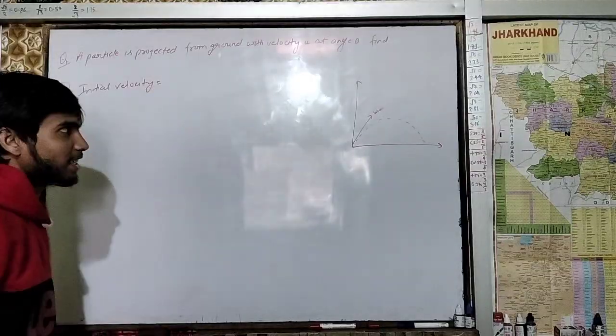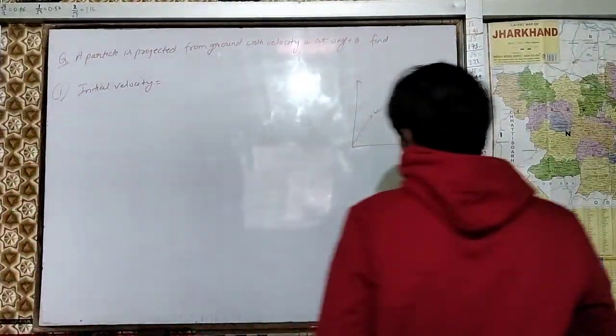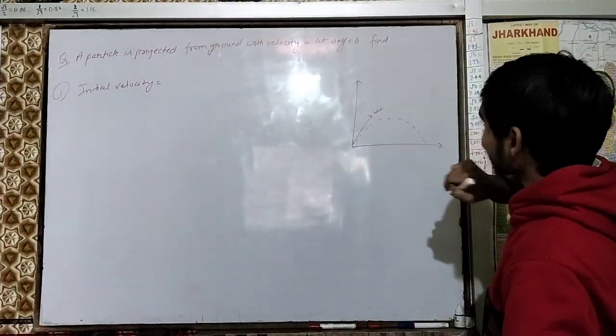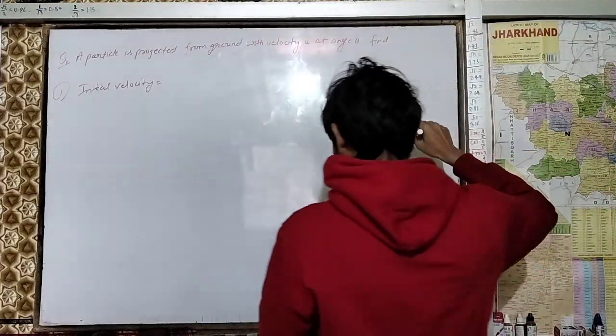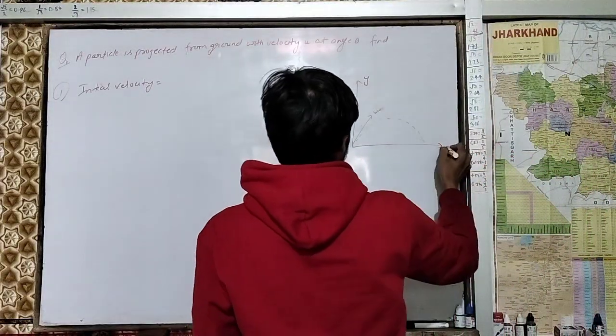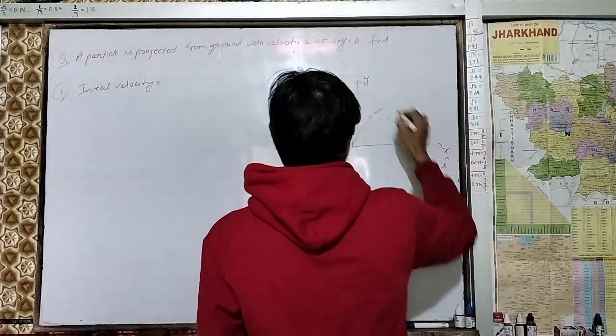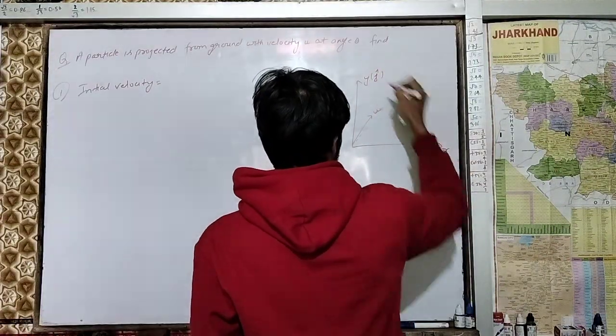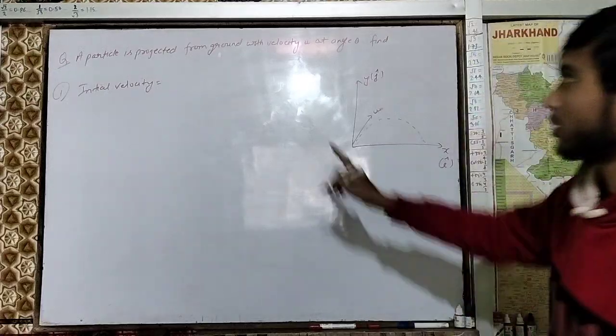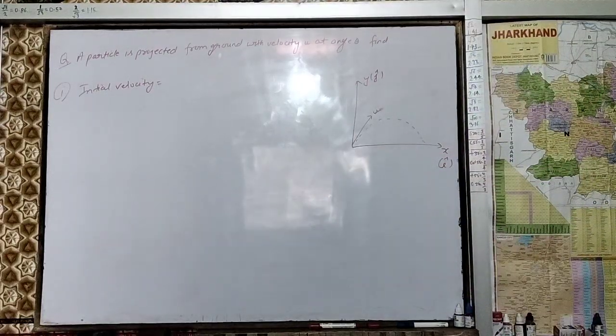Initial velocity, u. This is the velocity which is u. This is the u, x i cap, z cap. This is our next question. Have a look for a few seconds so that you can analyze.